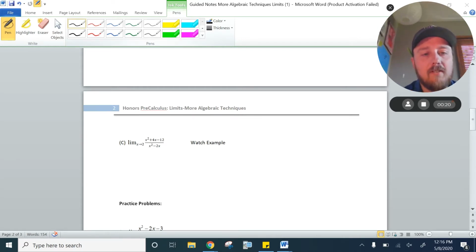But this one's unique in a way. I don't know if this is in our notes, but may as well throw this in there. When you have a function like this where we have our x's on top and x's on bottom, we've talked about vertical asymptotes, we've talked about holes.